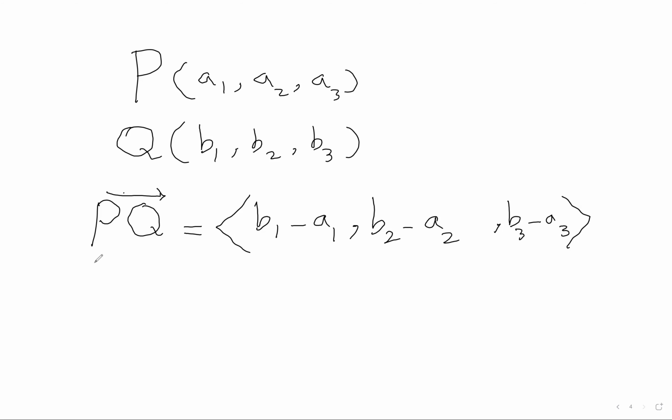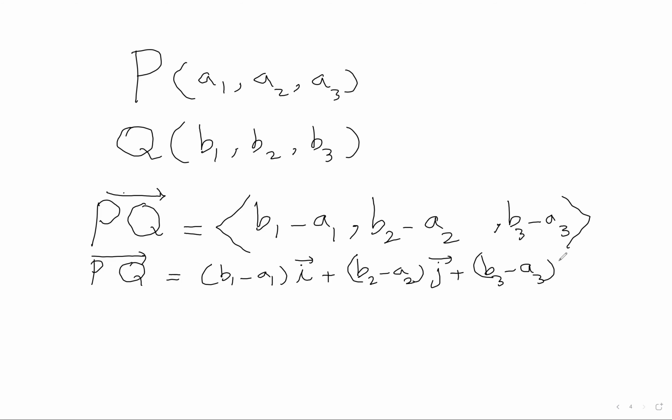Or if I want to show the same thing, PQ, in the other notation, B1 minus A1 is multiplied by I, B2 minus A2, I put inside parentheses, by J, B3 minus A3 by K. So this is the vector connecting P to Q, or we call that the position vector from P to Q.